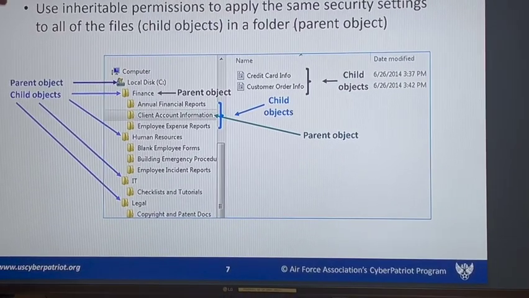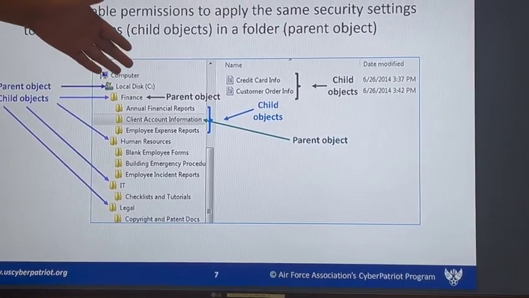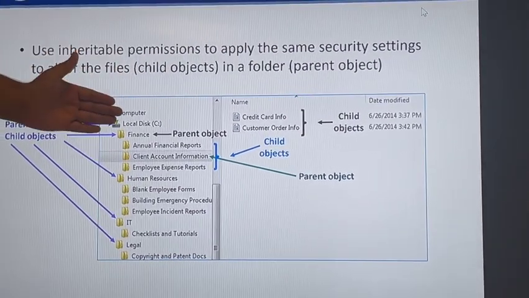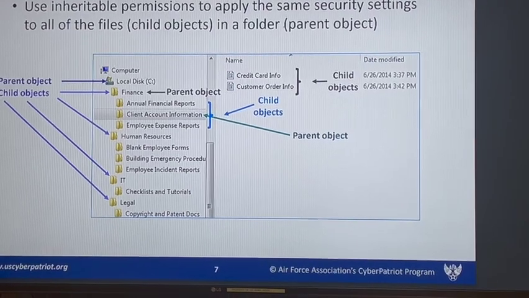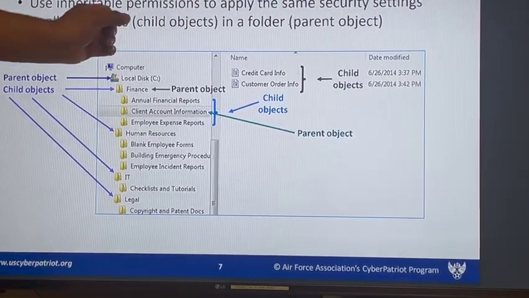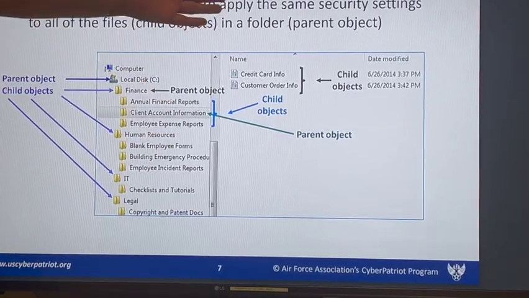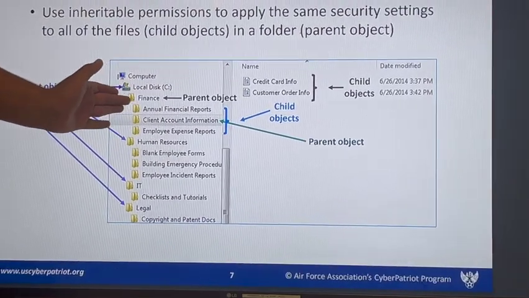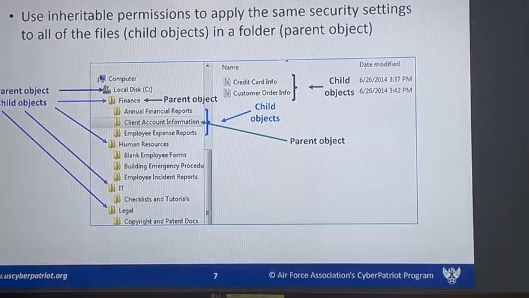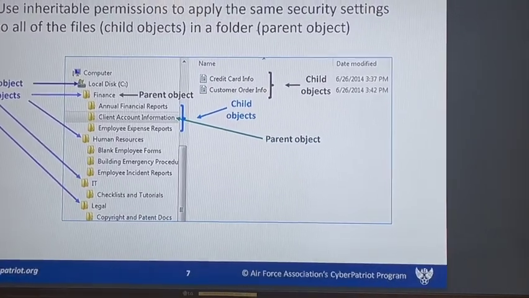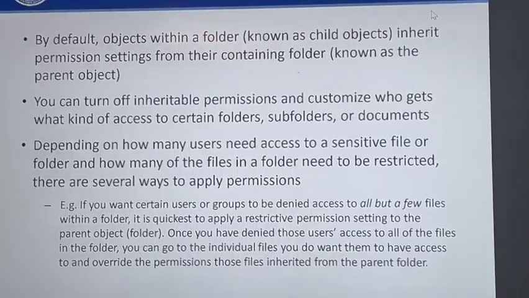Once you open finance, it will be the parent object. It'll have these three subjects right here, which are the annual finance reports, the client accounts, and employee expenses. If you click on one of the parent objects, the child objects will be in here, essentially like the credit card info or customer order info.